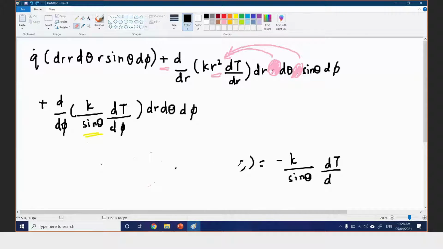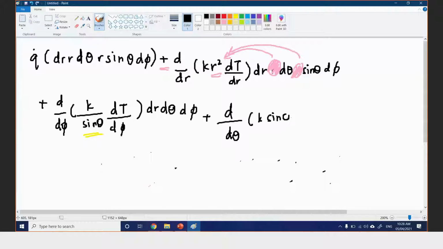Okay, so we continue with the theta direction. So plus d over d theta of k sine theta dT over d theta. Again, how I got this was from the Fourier's law just now. We rearrange so we can get this equation.